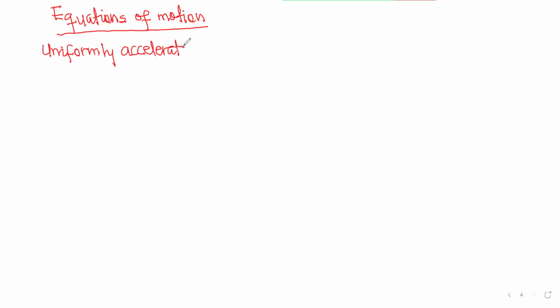So the equations only apply to uniformly accelerated motion, where the rate of change of velocity or speed with respect to time is constant. Meaning if you have a motion where you have irregular velocity, you cannot use the equations. So take note.